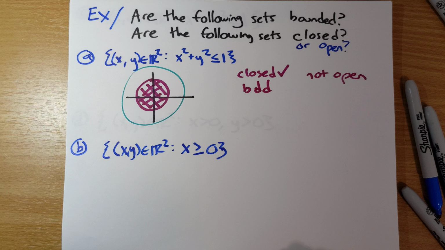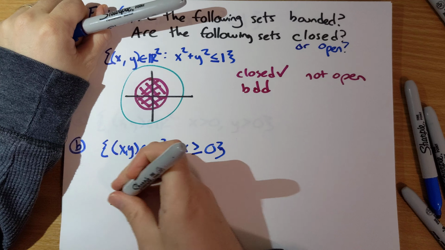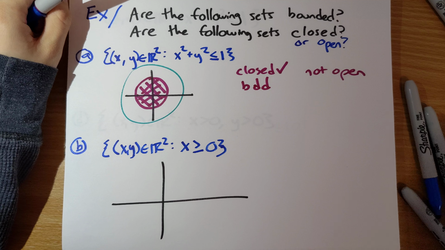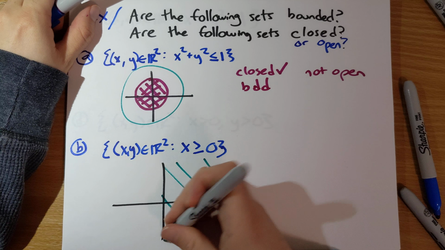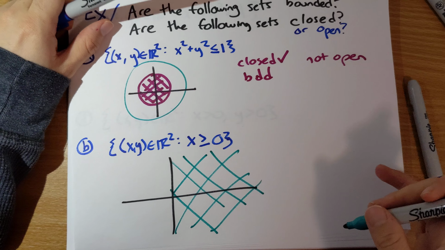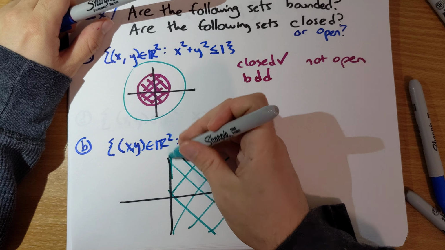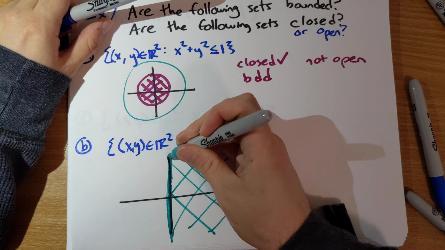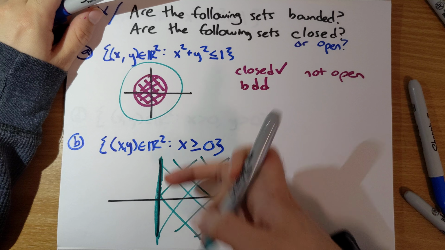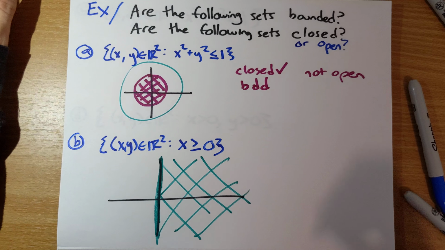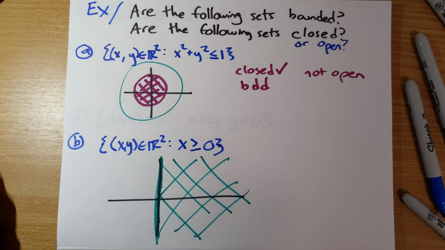Second here, part B, x and y is in R squared such that x is greater than or equal to 0. Okay, so it's this entire half plane here, but the fact that we have x is greater than or equal to 0 means that we include the y-axis here.